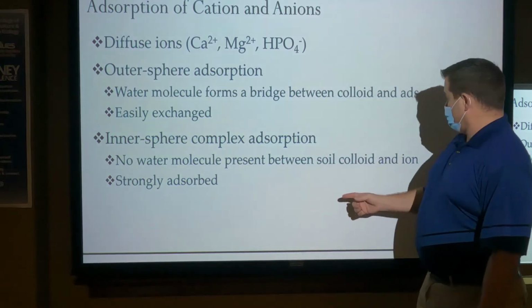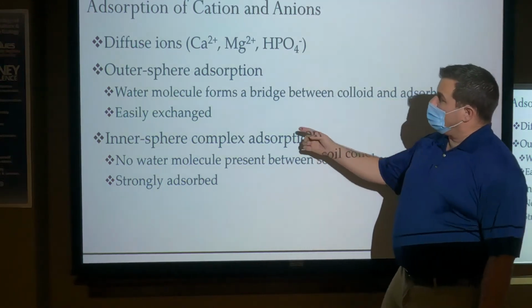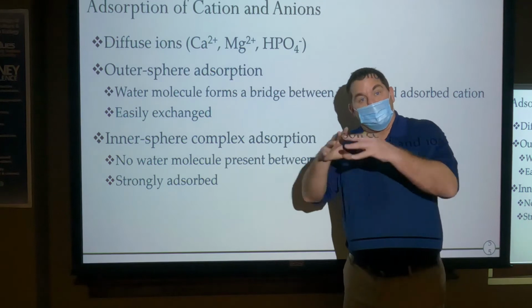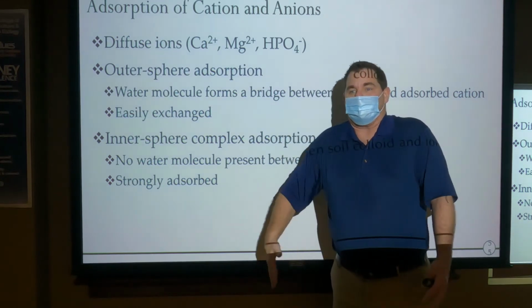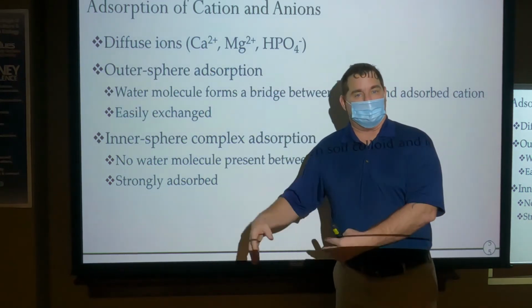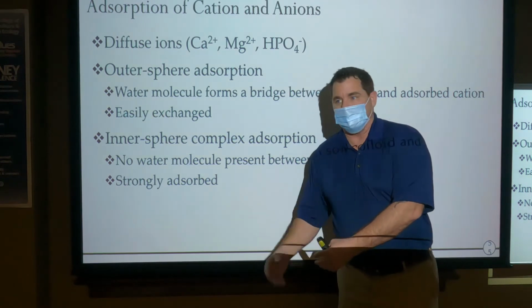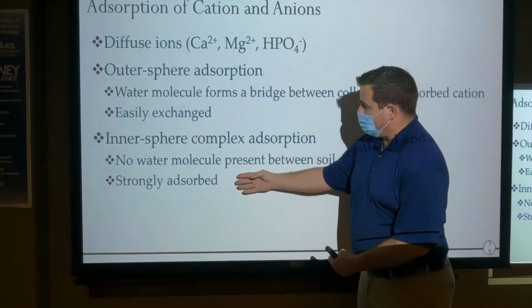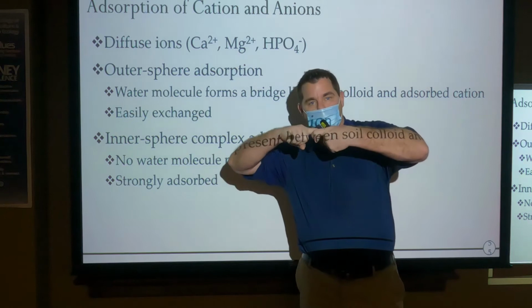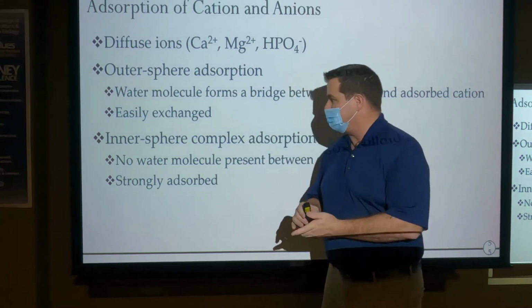So outer sphere is easily exchanged because of that water molecule. There's this thin layer that is kind of deadening some of that charge, whereas for inner sphere complex, it's a direct covalent bond, and we'll see this in the next slide.